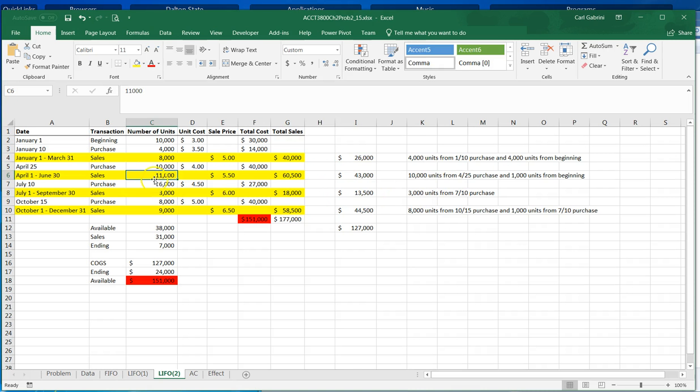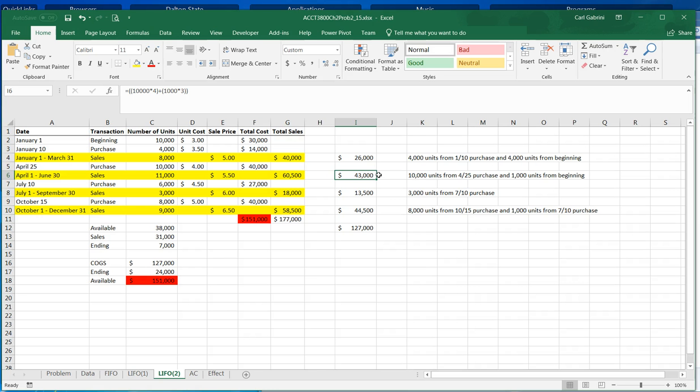Then for the second quarter sales of 11,000 units, we have 10,000 units coming from the April 25th purchase and 1,000 units coming from the beginning inventory. So that means we have 10,000 times $4 plus 1,000 times $3, which gets us $43,000 in cost of goods sold against the $60,500 in total sales for that particular quarter.